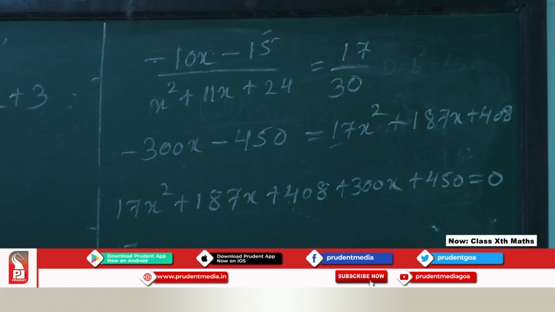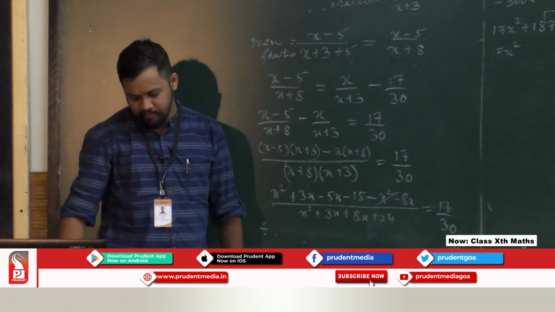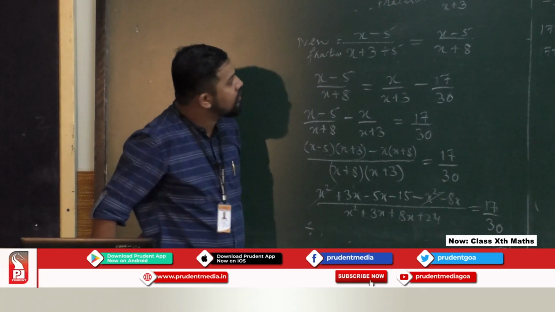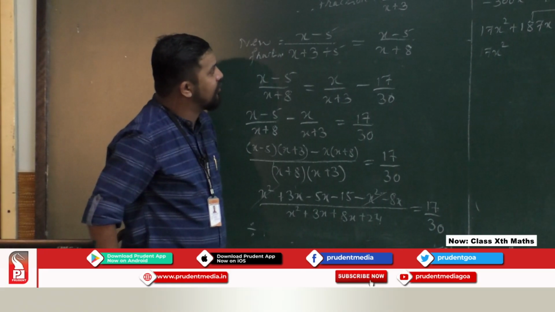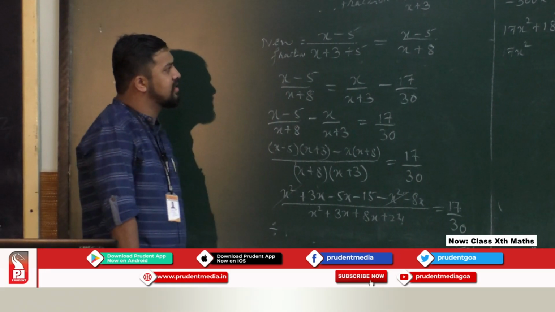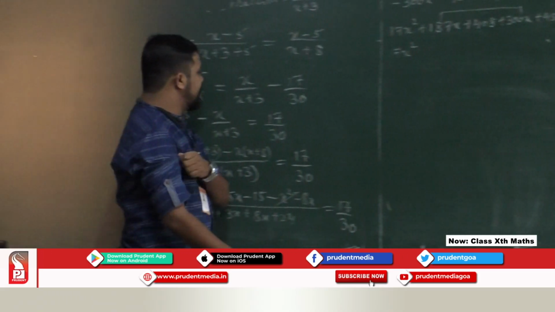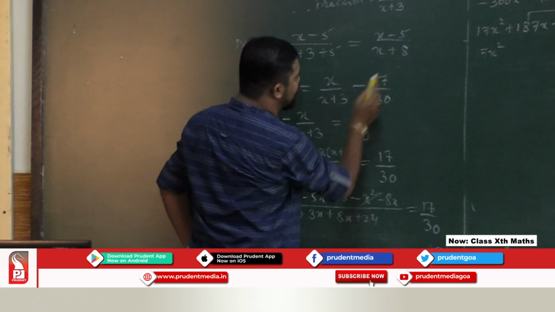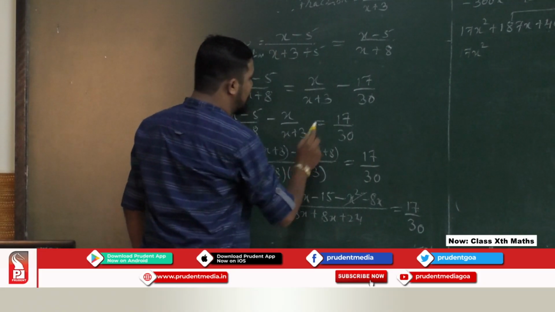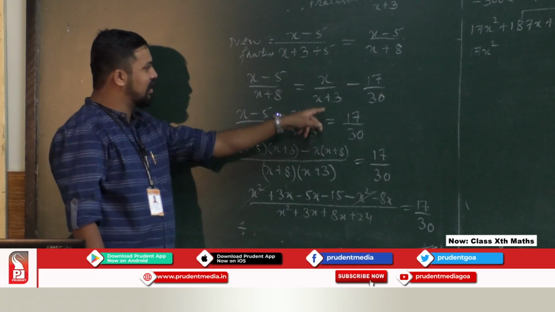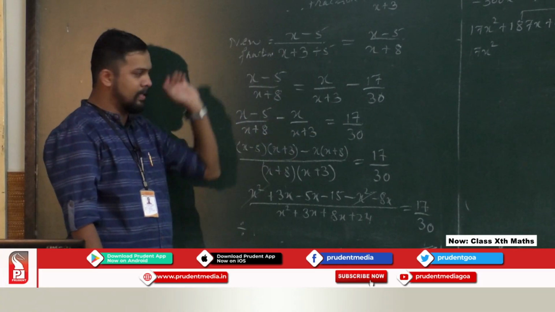So 17x square, 187 plus 300, add 187 plus 300, find out the answer. Or what you can do, one thing, you can take the negative sign common also. Okay, sorry, here there is one negative sign.